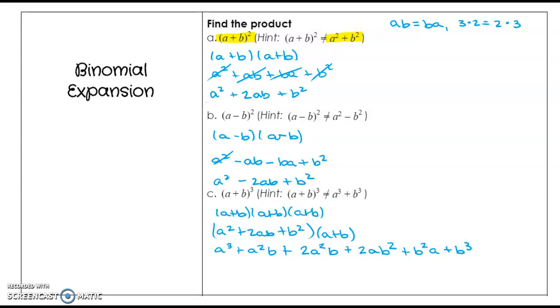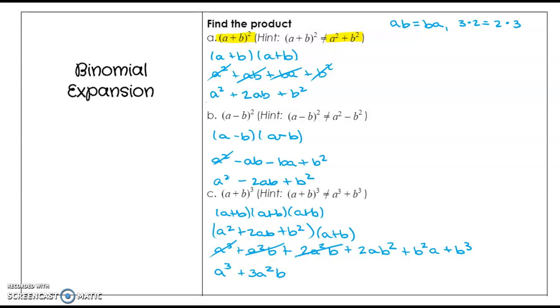Alright, so now we're going to simplify this again just like we did before. And we have a cubed, and then now we're looking for terms that have a to the second power and b to the first power. So these next two terms actually have a to the second power and b to the first power. So I'm going to combine those, and I have 3 of them total, so I'm going to add 3a squared b.